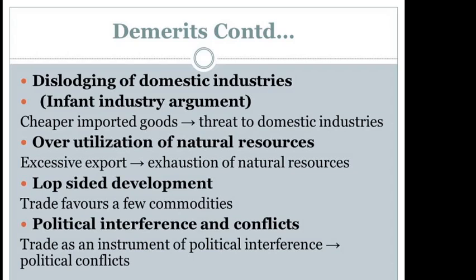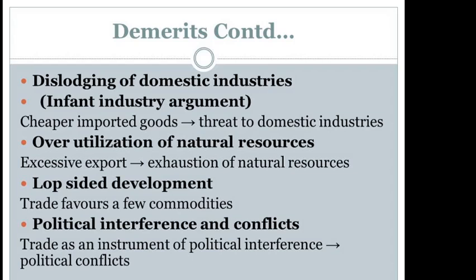Next point, lopsided development. International trade generally leads to specialization in the production of a few commodities. Consequently, only a few economic activities develop. This leads to lopsided development of the economy.